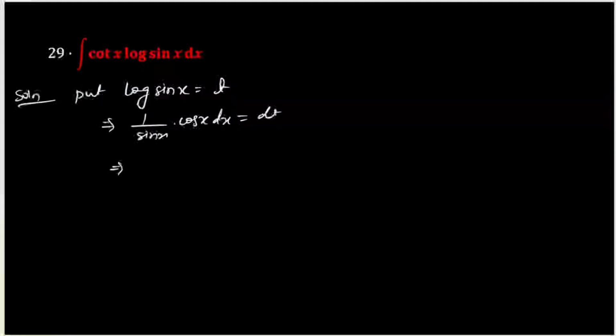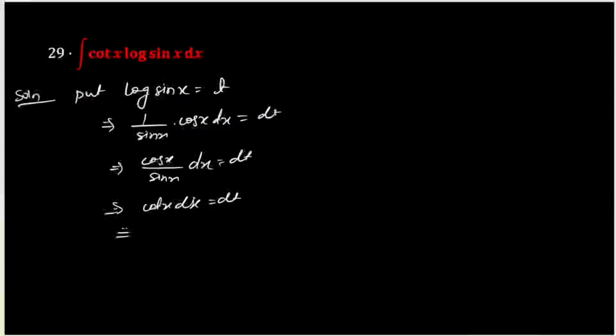Therefore cos x by sin x into dx equal to dt, which implies cot x into dx equals dt.